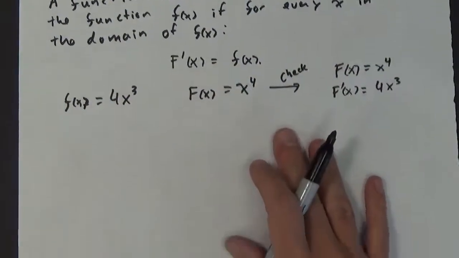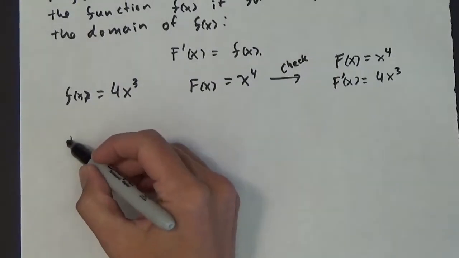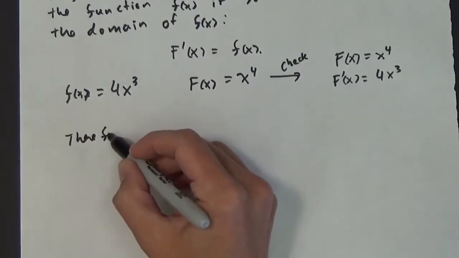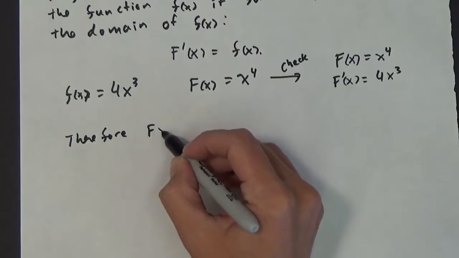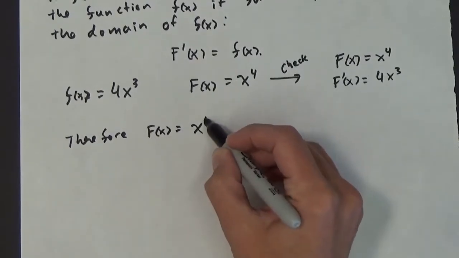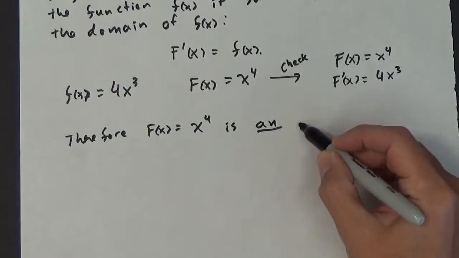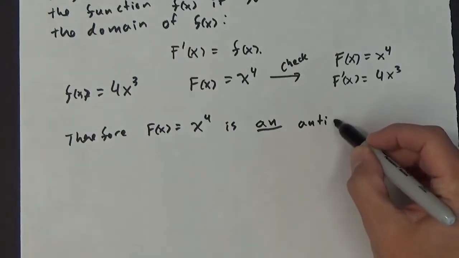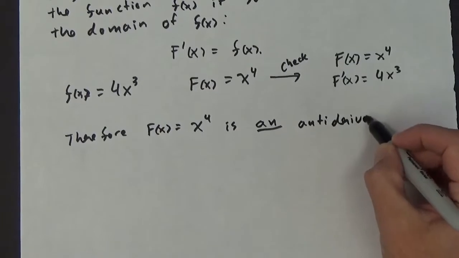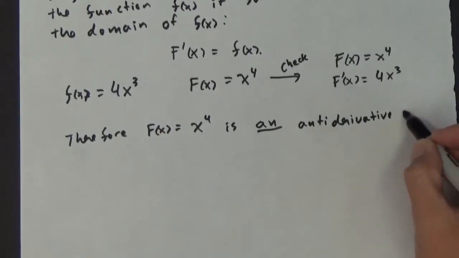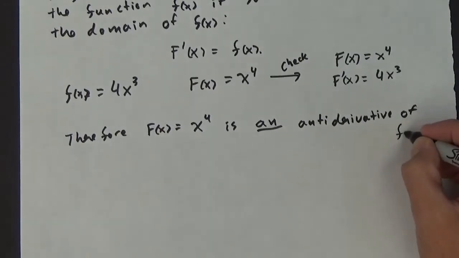So now that we've done this, we can say, therefore, capital F of x equals x to the fourth power is an antiderivative of little f of x.